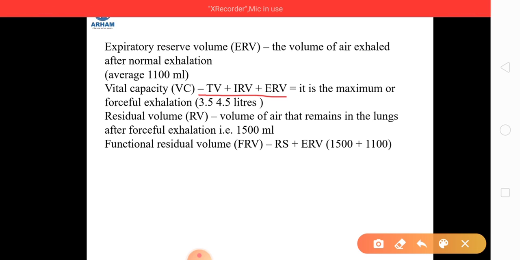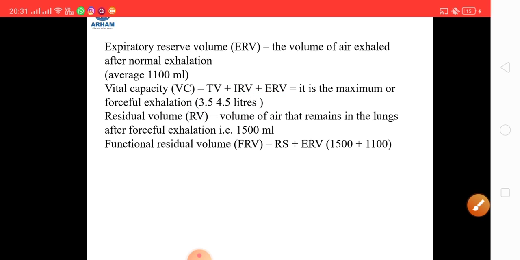See, 500 ml of tidal volume, then about 2 to 3 liters of IRV, and 1100 ml of ERV. This goes up to 3.5 to 4.5 liters. This is the vital capacity, the maximum or forceful exhalation that our lungs can do.